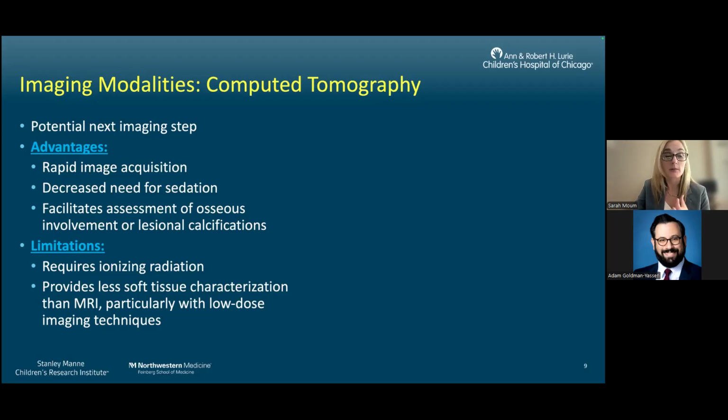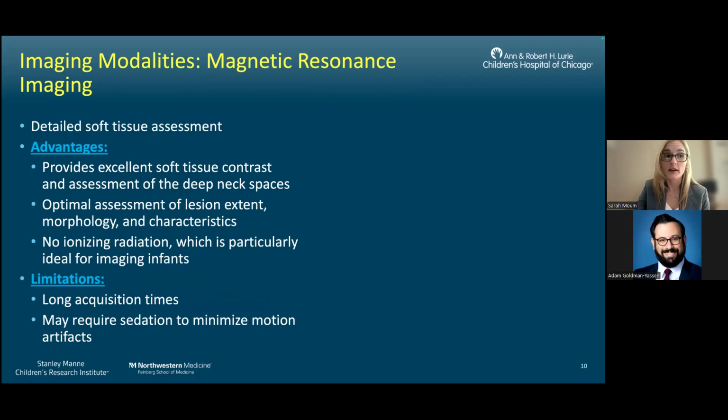Important limitations to keep in mind for this patient population are the ionizing radiation for these exams, and especially in young neonates and young infants, we don't always get the best look by low-dose CT of the deep neck soft tissues. That is important, especially if you have older scanners or if we're really sticking to these low dose protocols, it can be really hard to see the cervical lymph nodes. So that is an important caveat to keep in mind, and certainly an improvement that MRI provides in the assessment.